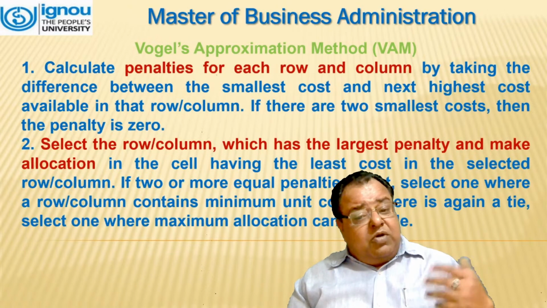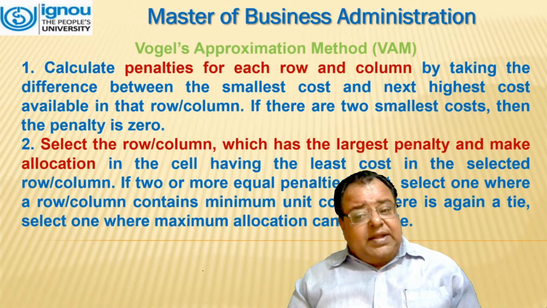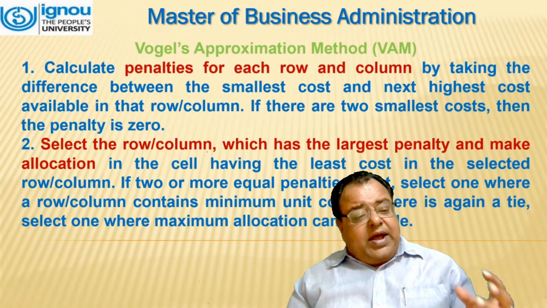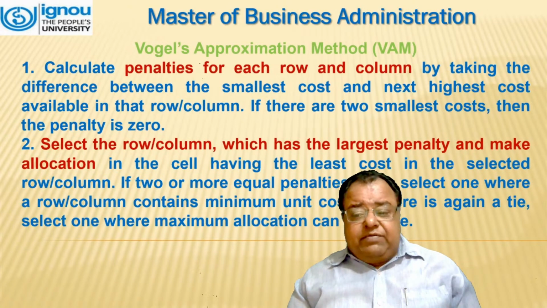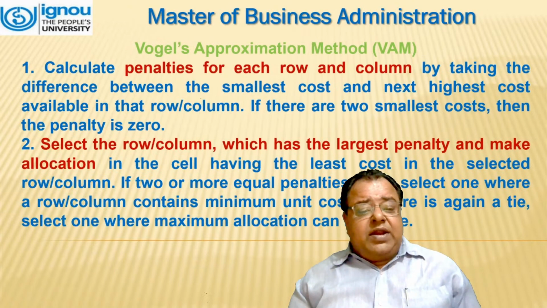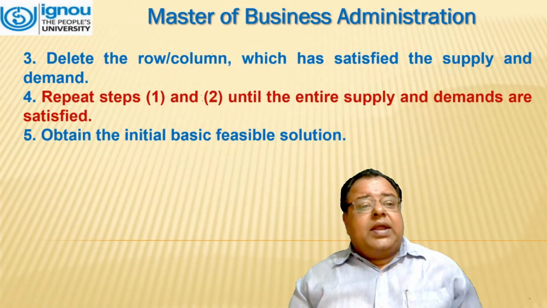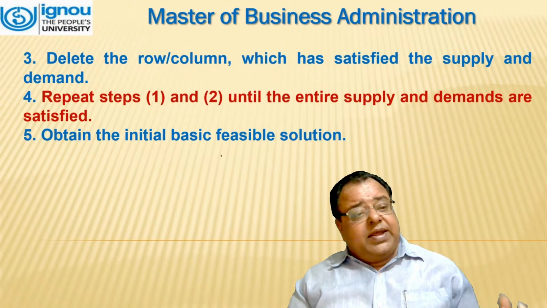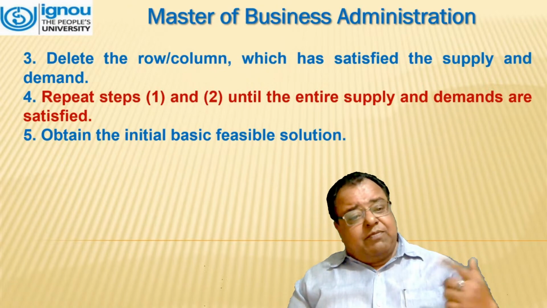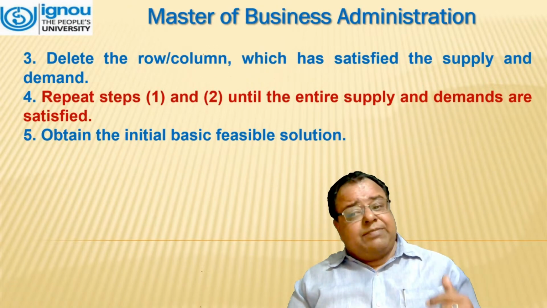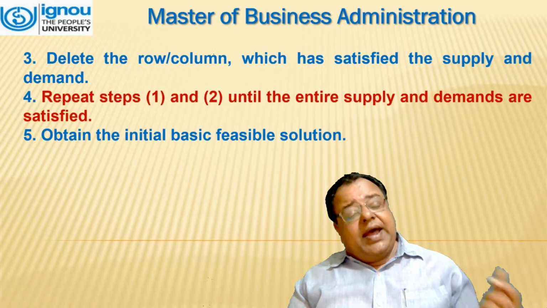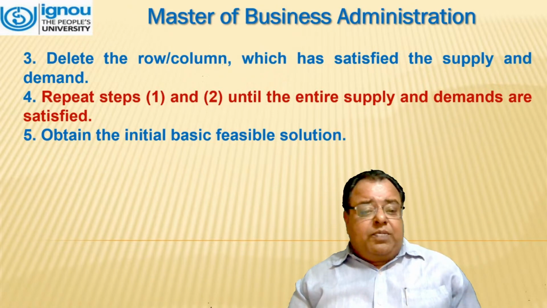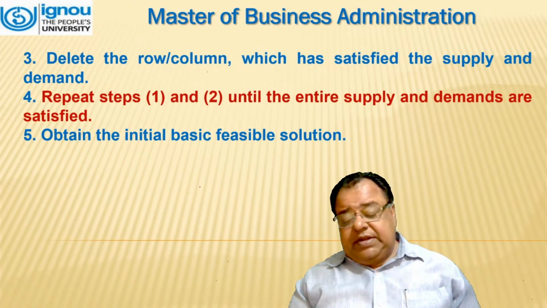If two or more equal penalties exist, select the one where the row or column contains the minimum unit cost. If there is again a tie, select the one where maximum allocation can be made. Delete the row or column which has satisfied the demand or supply constraints. Repeat steps 1 and 2 until the entire supply and demand are satisfied. And the fifth step is to obtain the initial basic feasible solution.